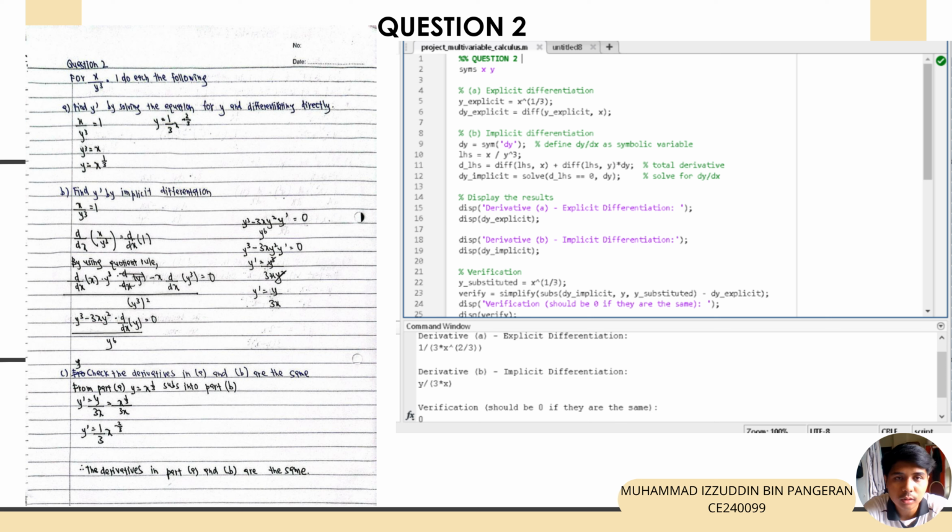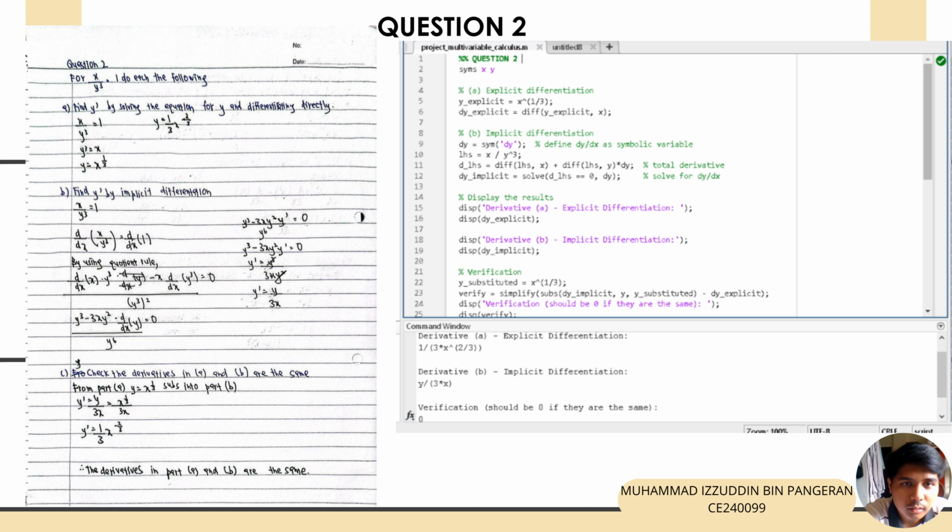So we move to the MATLAB code explanation. Using MATLAB, I define the original equation and apply both differentiation methods. Then I use substitution to verify the explicit and implicit derivatives are equal.